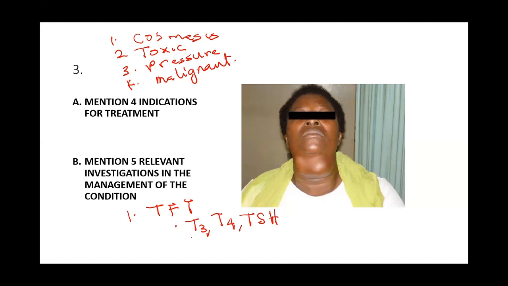In hyperthyroidism, you have an elevated T3 and T4 and depressed or unrecordable TSH. In hypothyroidism, you have depressed T3, T4, and elevated TSH. In T3 toxicity, you have an elevated T3, normal T4, and reduced TSH.